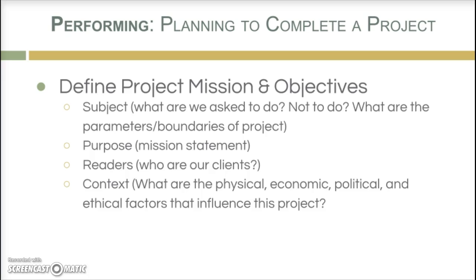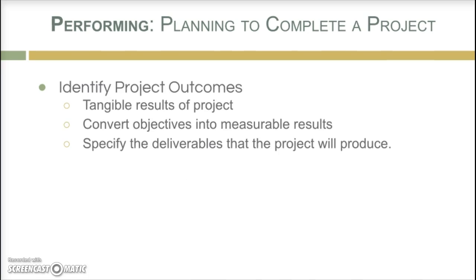What's the purpose? This is also sometimes known as the mission statement. Who are the readers or your clients? What is the context surrounding this particular project? So we've talked about context before, but what are those physical, economic, political, and ethical factors that influence this particular project? And then, of course, you want to identify what the project outcomes are.